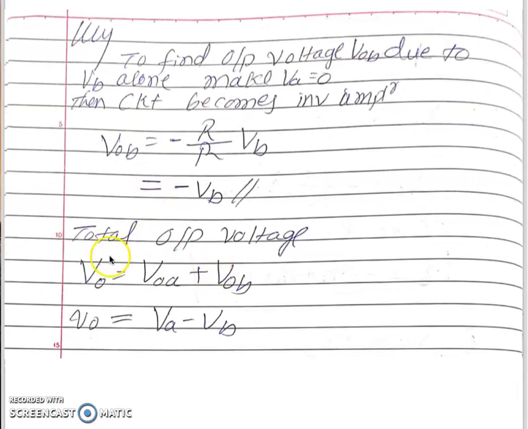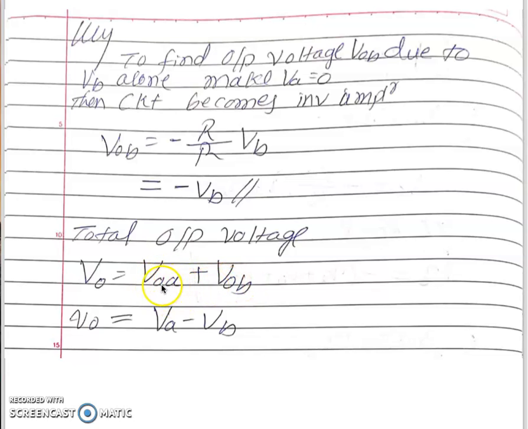Now finally, we sum up the voltages due to the individual voltages alone. This is the output voltage due to the input voltage VA only, and this is the output voltage due to the input voltage VB only. To get the final output voltage, we add VOA plus VOB.